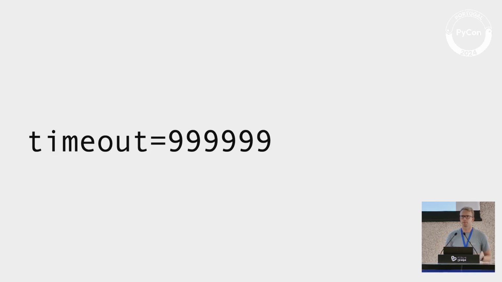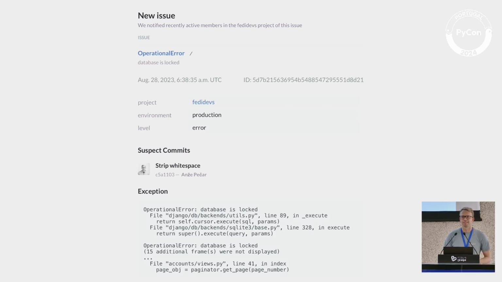Okay, the proper solution to this problem, right? Increase the timeout. Okay, all is fixed. Nothing is going to take this long. This is a huge number, and this is in seconds. I don't even know how long this is. Still this error. What the hell is going on?